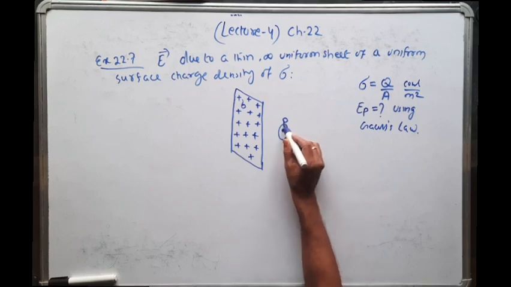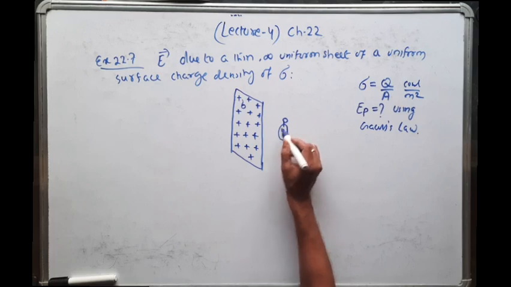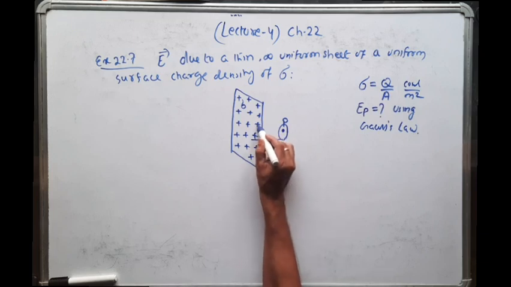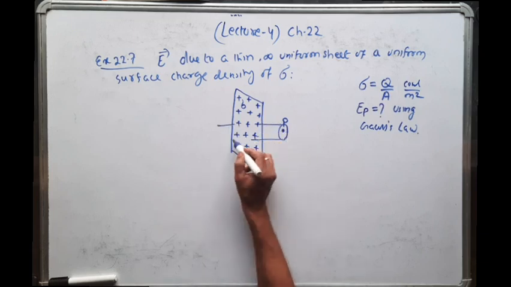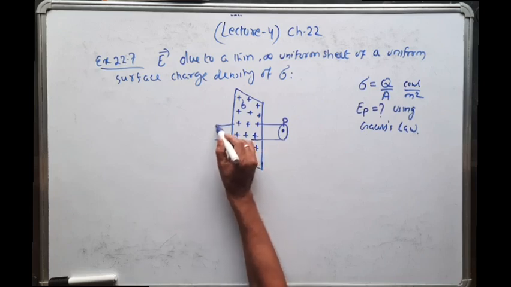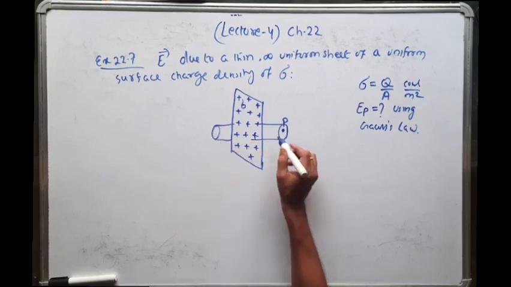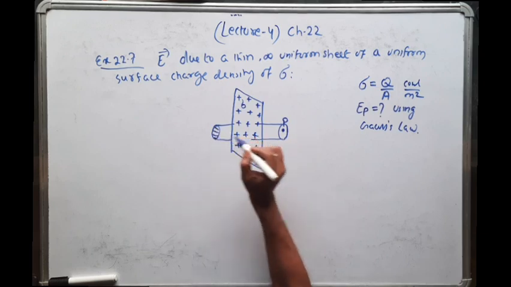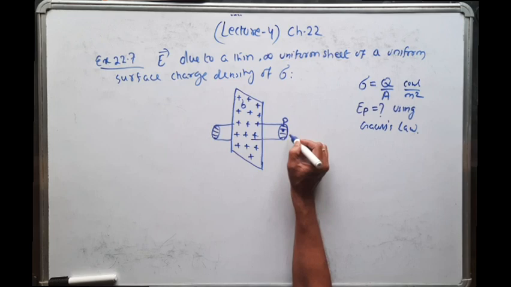Take a closed cylinder passing through point P and through this plate, like this. Suppose the area of the base and top of this cylinder is A.